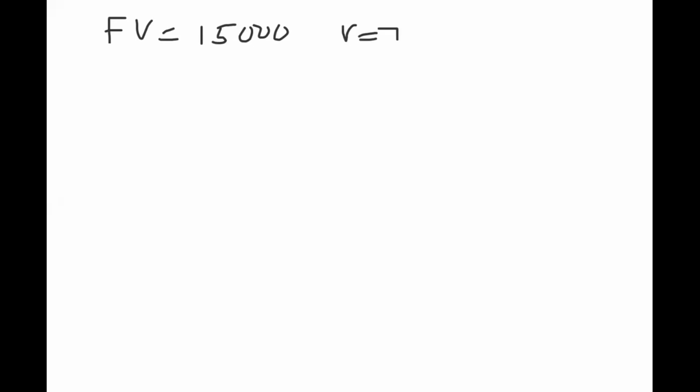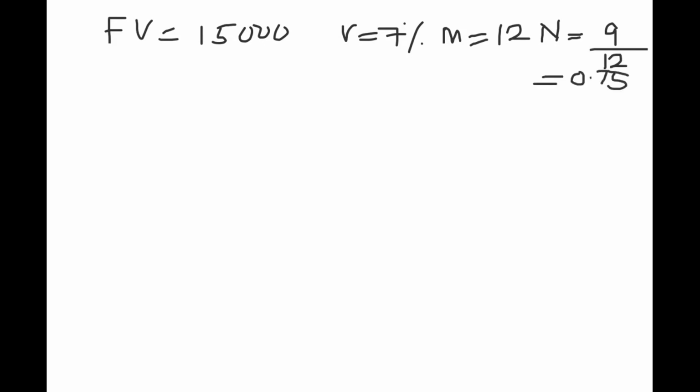R is 7%. M is 12 because it's compounded monthly, and for 9 months, right? So how are we going to find 9 months? 9 divided by 12, then you get 0.75, right?